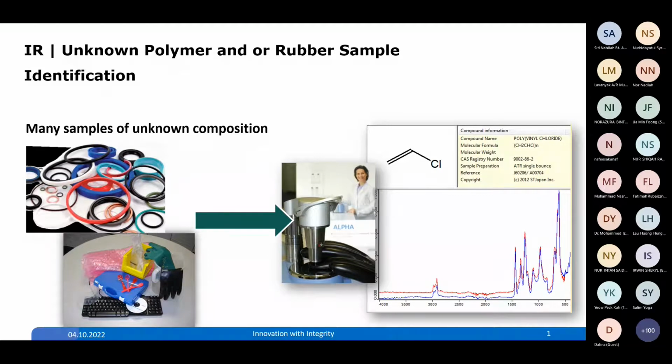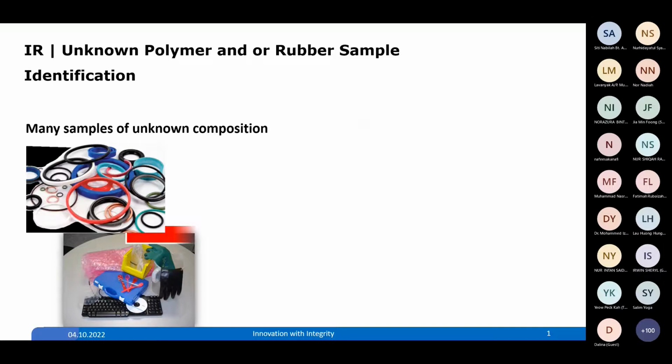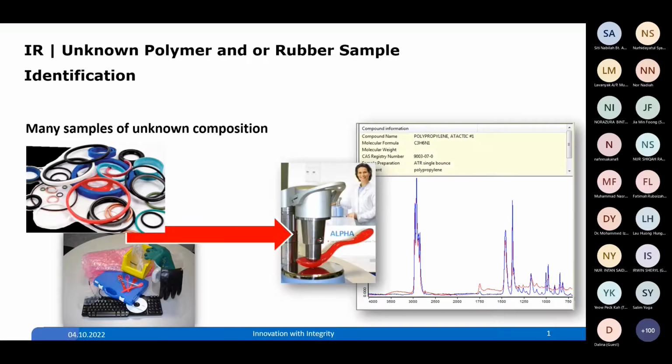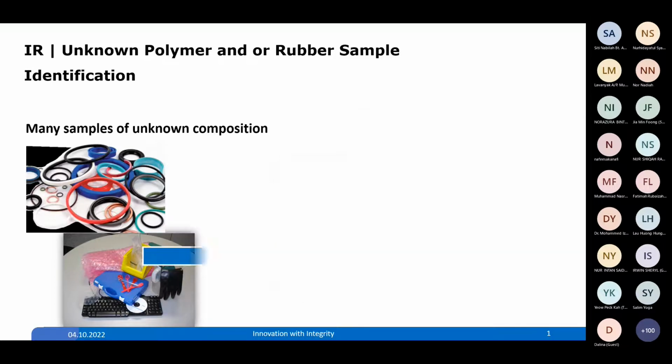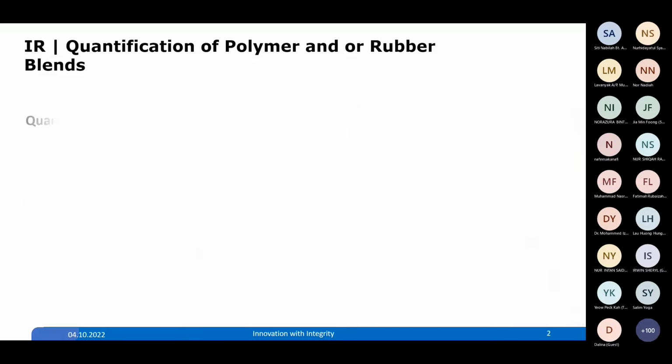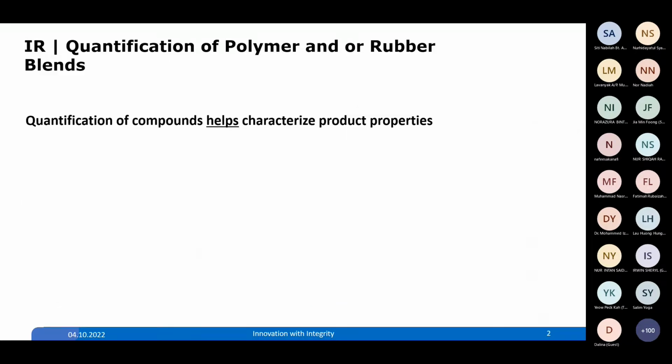It can also be used for polymer samples as well. It can be used for quantitative analysis, where you can use it for concentration studies on your materials.